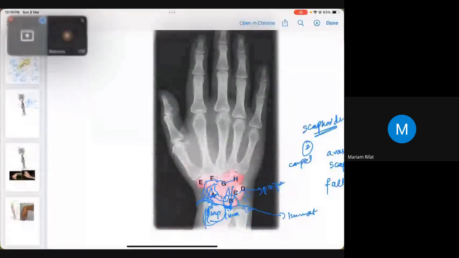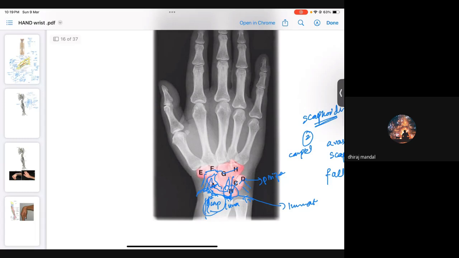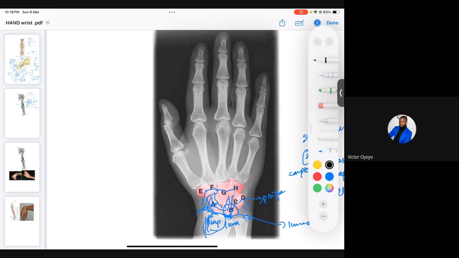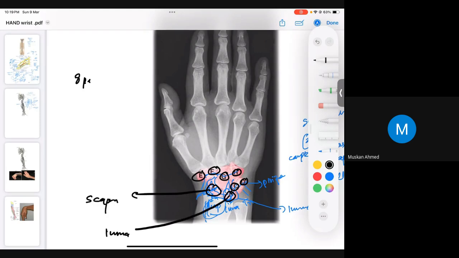Okay, perfect. We have wrist bones, right? Can anyone tell me the number of wrist bones? Eight, perfect. Can anyone tell me the names of the wrist bones? A is scaphoid, B is lunate, C is triquetrum, not fusiform.